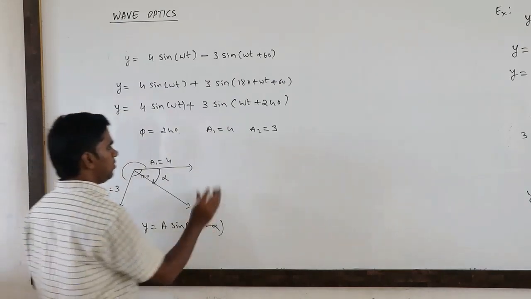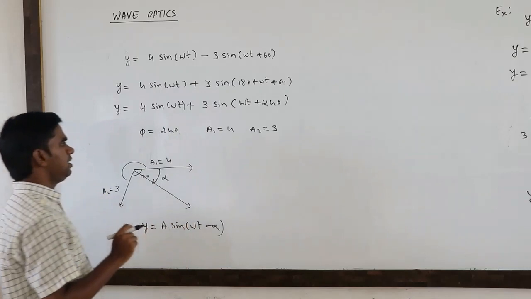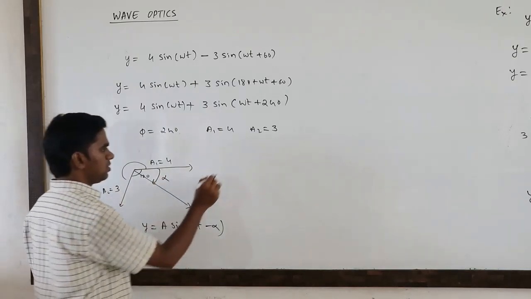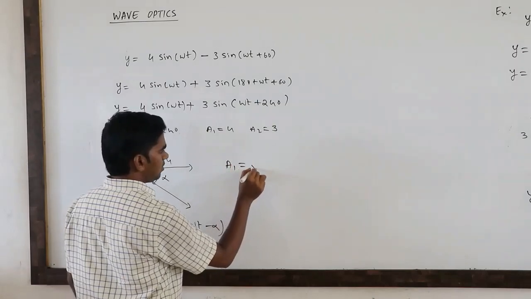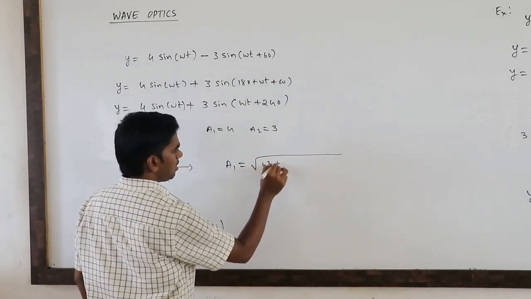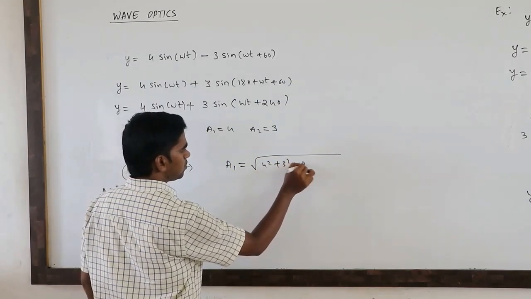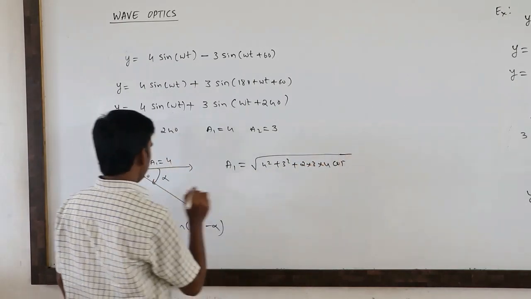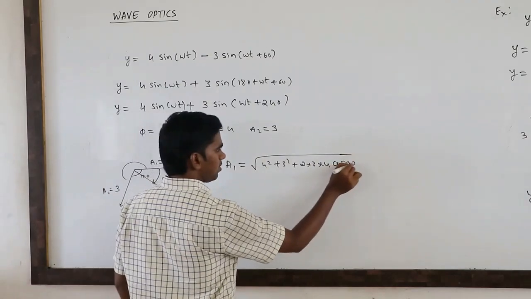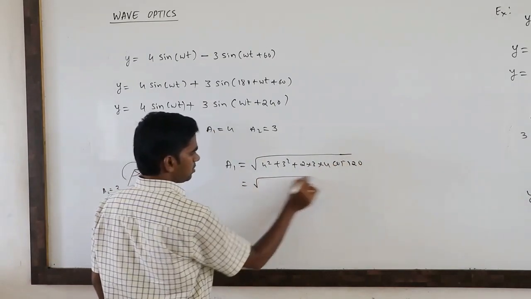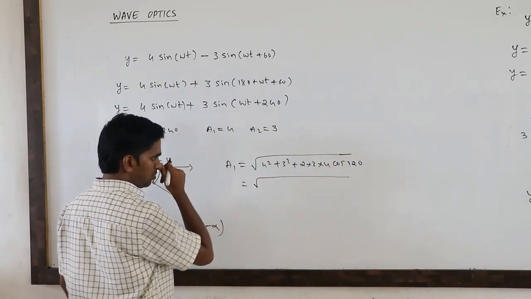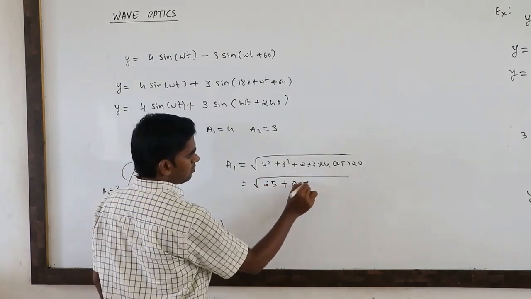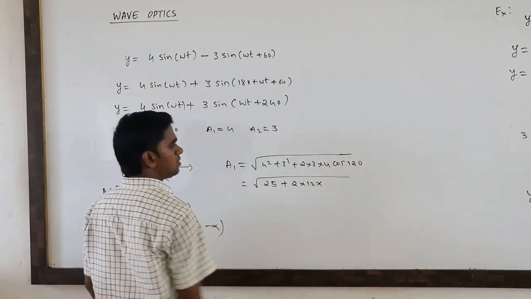Okay, so now how can you find A1 and A2? With vector addition it is not possible here, so you have to go with the normal equation only, that is 4 square plus 3 square plus 2 into 3 into 4 cos of 120. So this is going to be 3 square plus 4 square, 25, plus 2 into 3 into 4, 12, into cos 120.